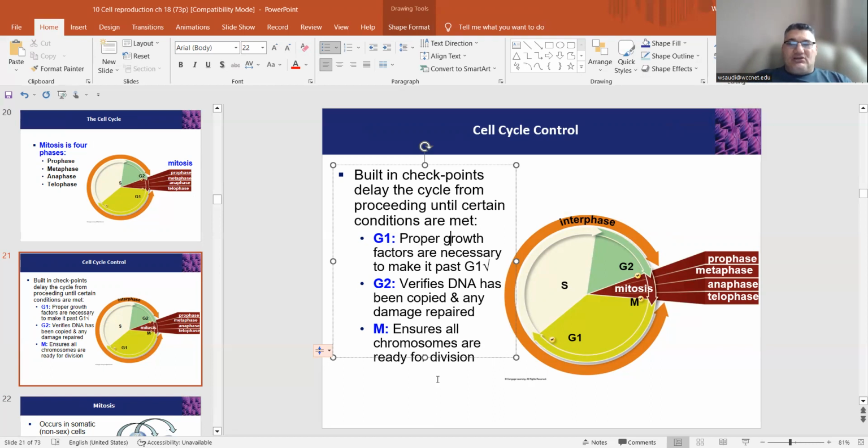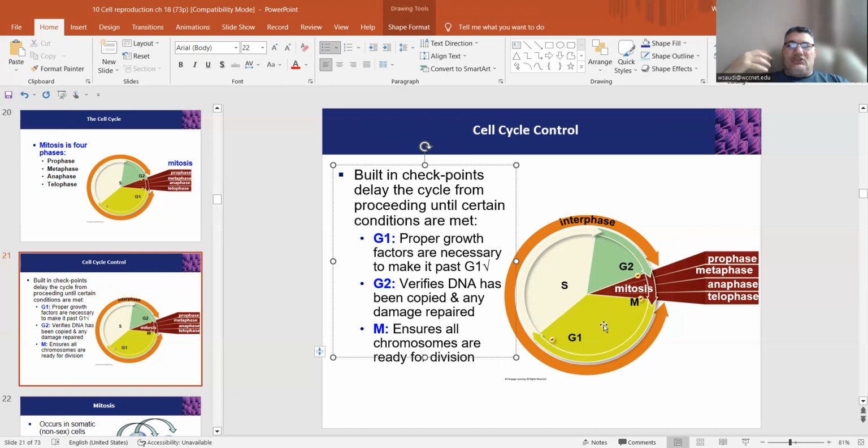It's important here to understand as well: look at these check marks here. Here is one, here is one, here is one. After you finish each phase, there is a check mark that can stop you or let you go. And this is very important for us. So you're working on G1 here, making the factors that are needed for the chromosomal duplication, or synthesis of the DNA.